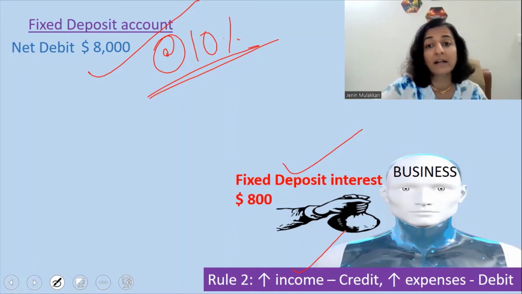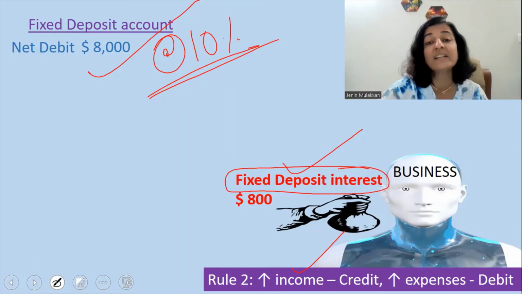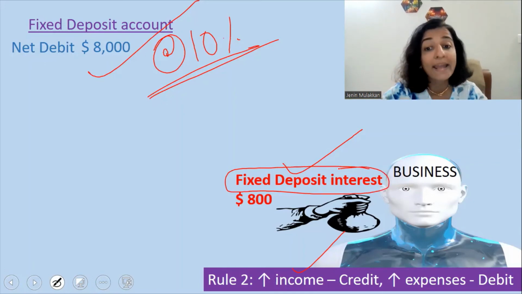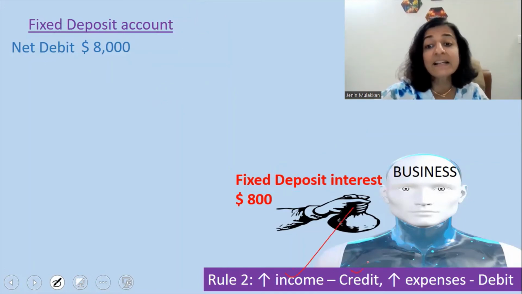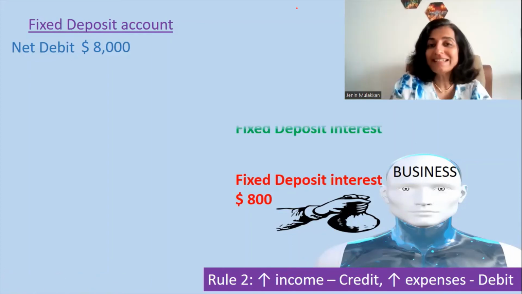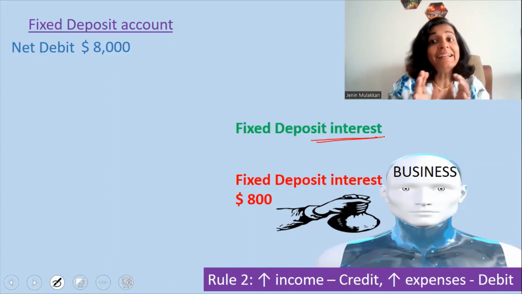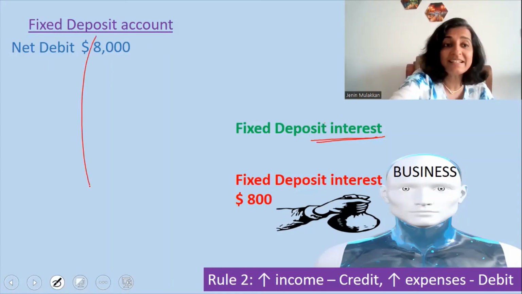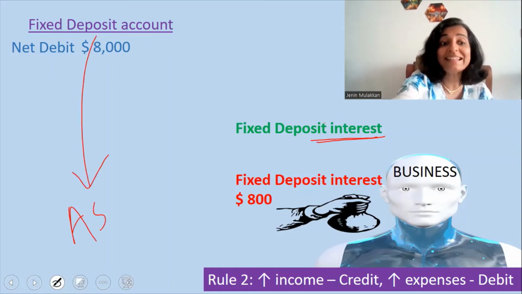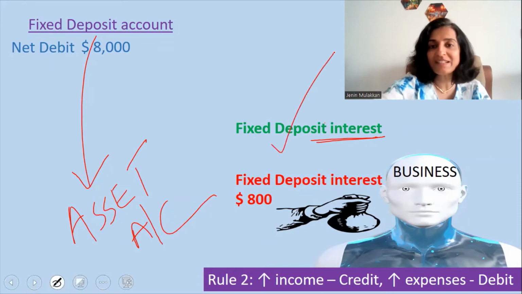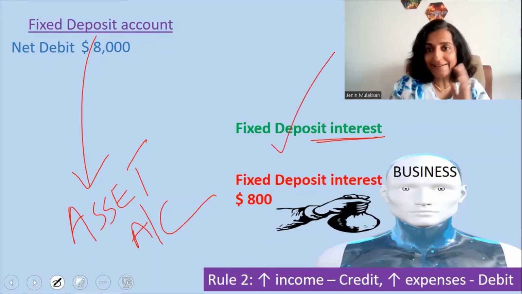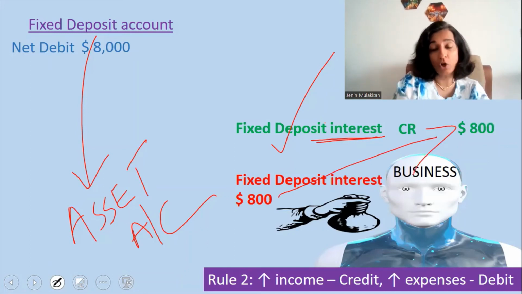So that particular account, that is fixed deposit interest account, has to be credited. Why? Because any increase in income has to be credited. So fixed deposit interest account, please note the word interest because interest is the income account. Fixed deposit account is the asset account. So fixed deposit interest account, which is the income account, has to be credited with $800.